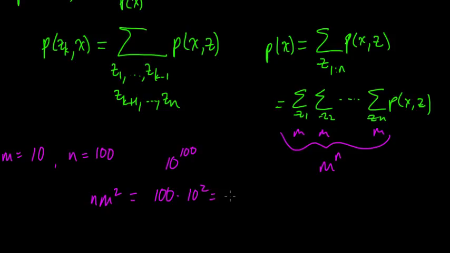So that's just 100 squared. So that's not too bad, right? 10,000. Much, much better. I mean, this is trivial, especially compared to this. But this is not bad. 10,000 is very, very reasonable.